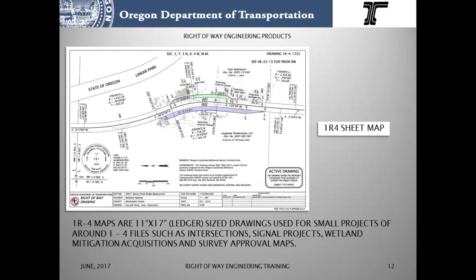The 1R4 sheet map is 11 by 17 ledger size. It used to be a little bit larger than that. We shrunk it down to 11 by 17 so it could be easily printed out on a printer. Again, we're going to use that for small projects of around 1 to 4 files in intersections, signals, wetland, survey approval, that sort of thing.